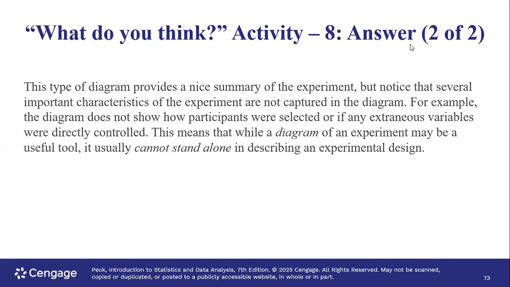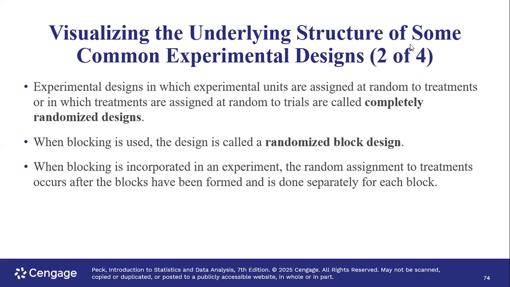This type of diagram provides a nice summary of the experiment, but notice several important characteristics of the experiment are not captured in the diagram. For example, the diagram does not show how participants were selected, how they were randomly selected, or if any extraneous variables were directly controlled. This means that while a diagram of an experiment may be a useful tool, it cannot be used to describe an experimental design.